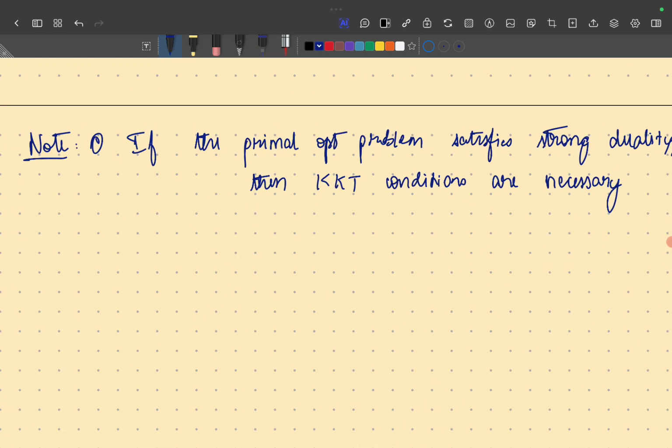Okay, this is for a general primal optimization problem, convex or non-convex, that satisfies strong duality. So strong duality implies that KKT conditions are only necessary.